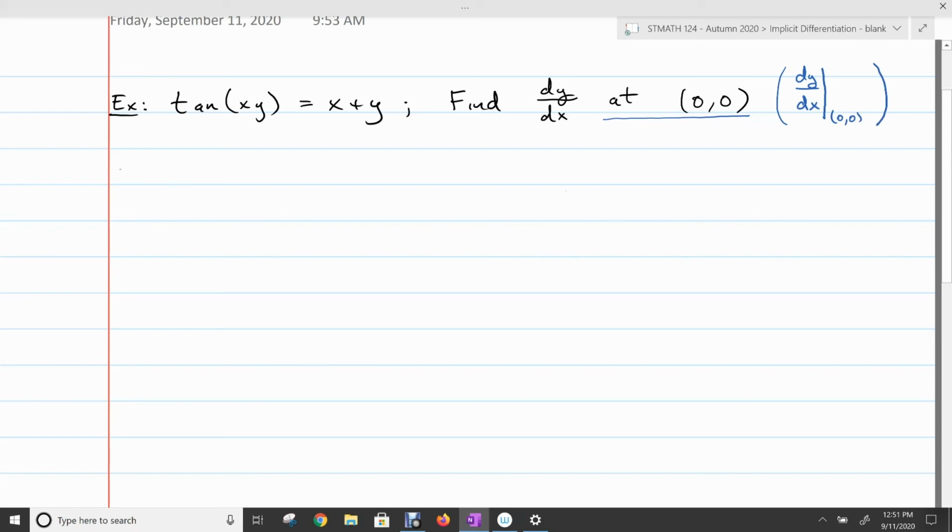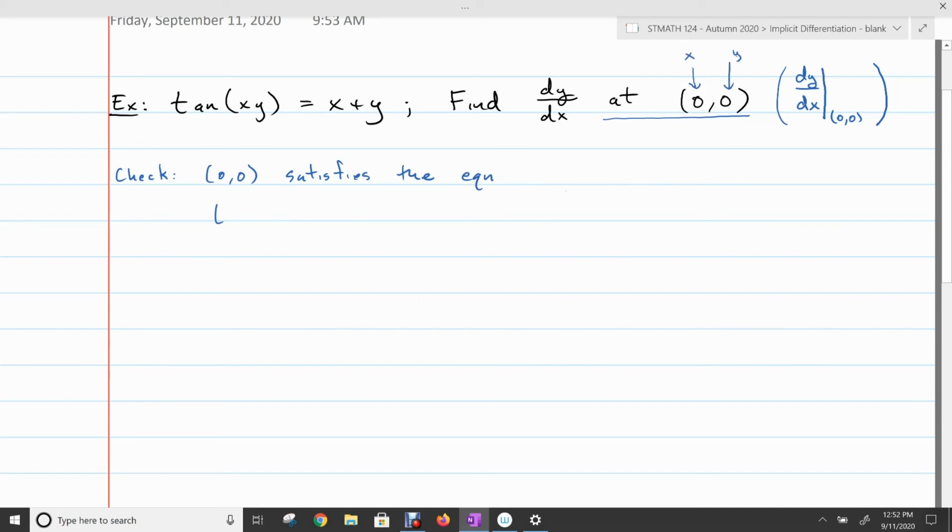So first, I just want you to check that 0, 0 satisfies the equation. Because if we're going to compute the derivative at that point, the point that we're computing the derivative at needs to be a point that satisfies the equation. Well, that's pretty easy to check because the point 0, 0 means your x is equal to 0 and your y is equal to 0, right?